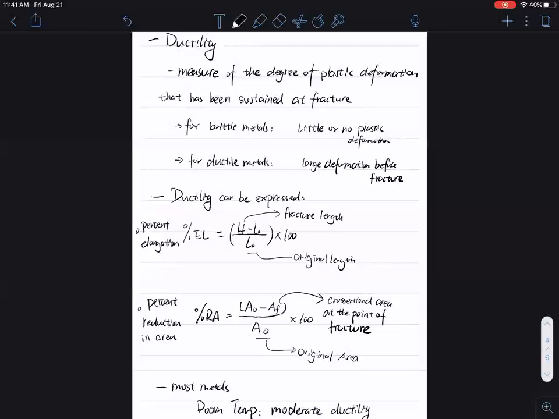Why is that? If there's extra additional stress applied to the parts, if you have a ductile material, what is happening? If something is ductile, it will experience large deformation before it breaks, right? A ductile material elongates longer until a point it breaks.